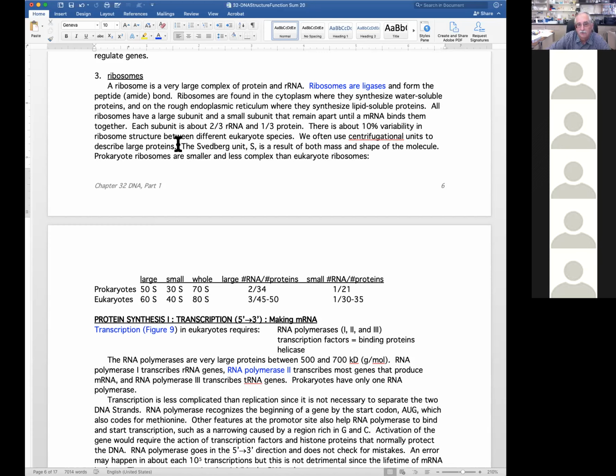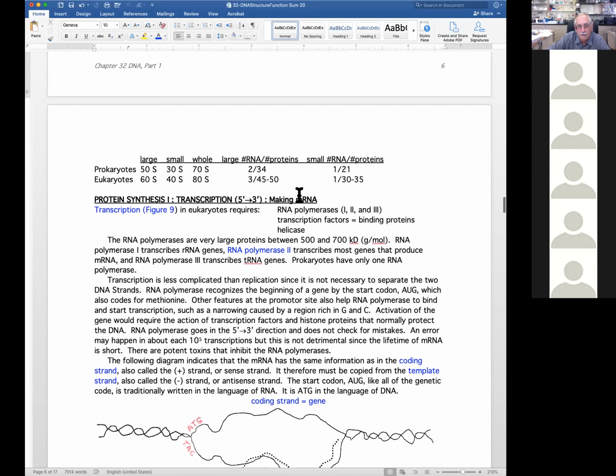They're about 2/3 ribosomal RNA and about 1/3 protein. And they're slightly different between eukaryotes and prokaryotes.